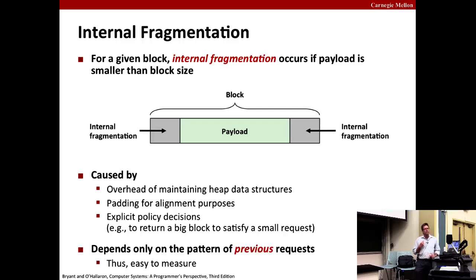Given a series of requests, we can just stop and freeze the heap, and it's very easy to compute the amount of internal fragmentation. At any point in time, we can look at all the previous requests that we've made and look at the size of the payload for each one of those requests.